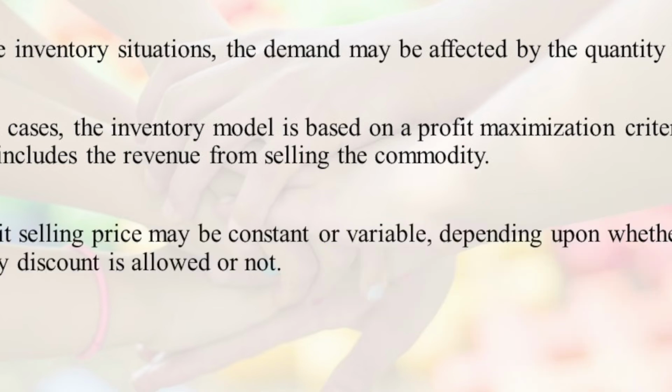The unit selling price may be constant or variable depending upon whether quantity discount is allowed or not. If quantity discount is allowed, then it may be variable. If it is not allowed, then it will be constant.